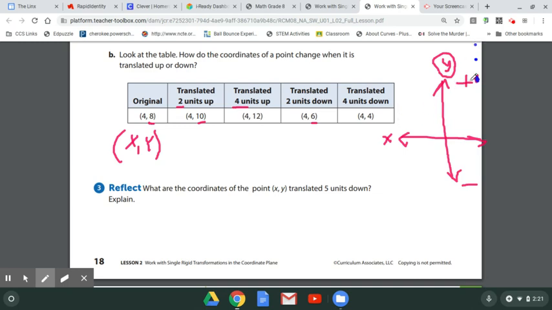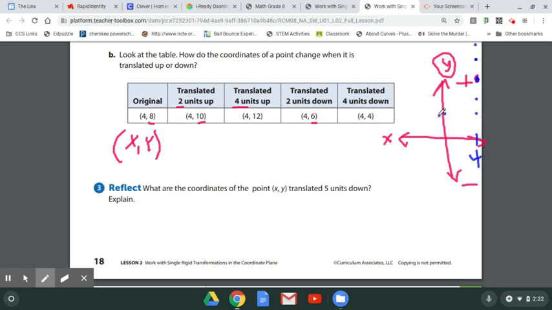Now, if we go back to this original one and we go down 2, it would be 4, 6. And down 4 would have been 4, 4. Okay? So we're just moving it up and down, and the x value stayed the same of 4.